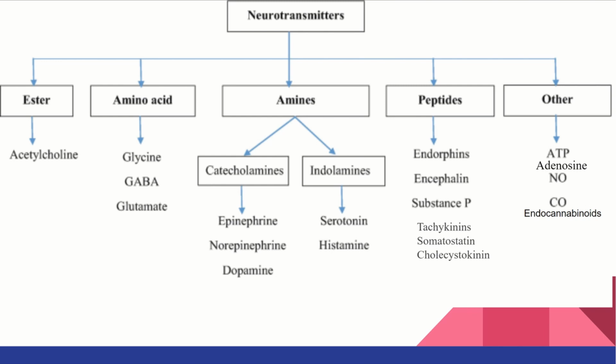In the case of dopamine, cocaine actually prevents the reuptake, or the reabsorption, of dopamine. So dopamine is now blocked from being reabsorbed, so it can keep activating those postsynaptic neurons.